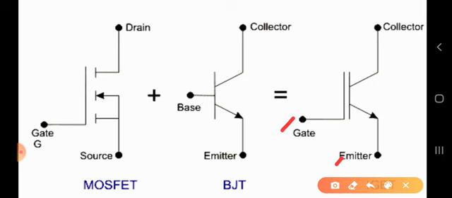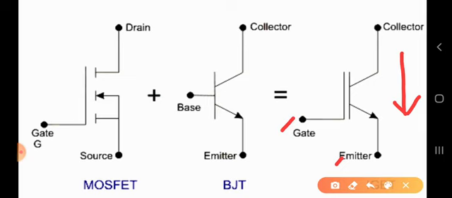So the current flows from the collector to emitter. When you turn on this power IGBT with the help of 2 terminals, that is gate and emitter, the current will start flowing from collector to emitter.